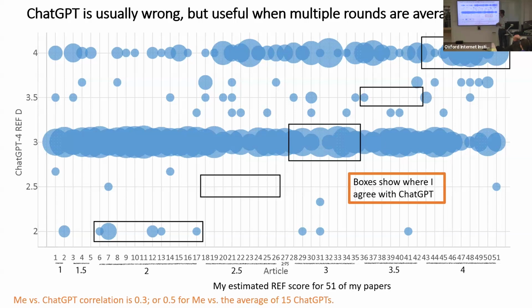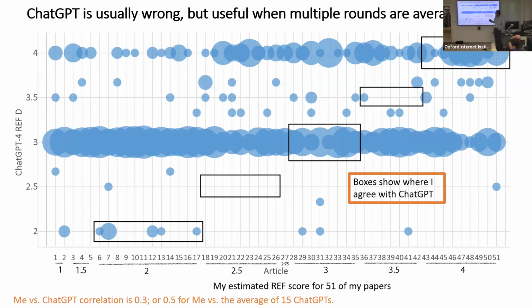So if I fed in the same article with the same instructions 15 times, I would get 15 different reports. And maybe they all gave the same score, but the wording of the reports will be different. And in fact, some of them gave different scores. So it didn't look promising that it was nearly always wrong.